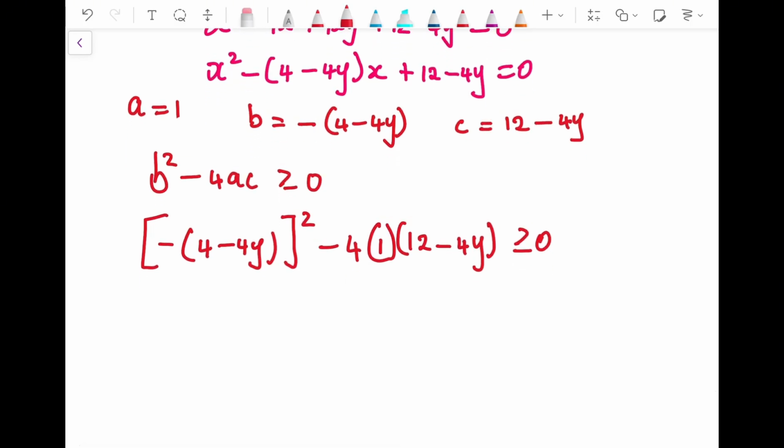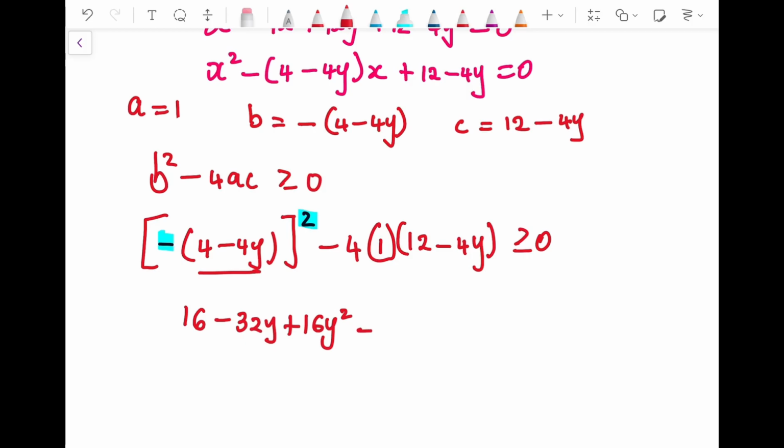Okay, now from here, we can remove the brackets. If I remove this bracket, remember squared will always take this negative away. And then this bracket is repeated twice. So it will give us 16 minus 4 multiplied by 4 is 16 times 2, so it will be 32y, and then plus 16y squared. And then if we remove this one, 4 multiplied by 1, it is 4.